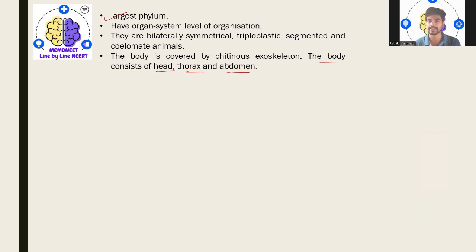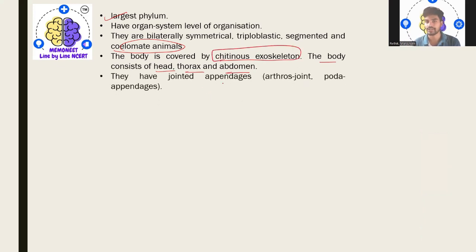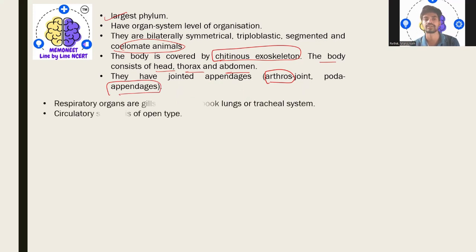They're coelomate animals, basically. The body is covered by a hard chitinous exoskeleton. They have jointed appendages, forelimbs and hind limbs. The word arthro itself says jointed, and poda is nothing but appendages. So hence we normally call them arthropods.